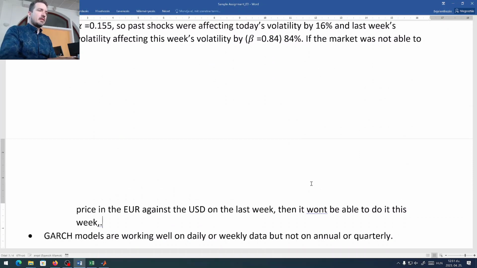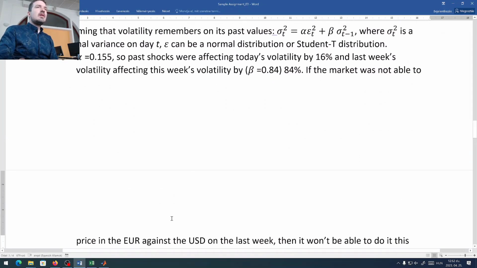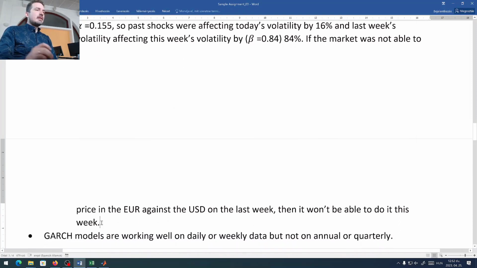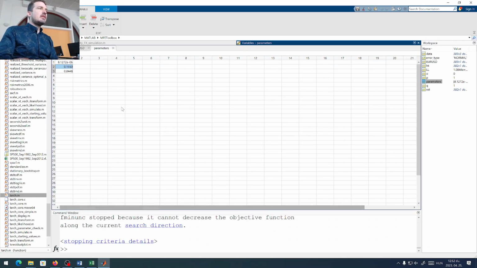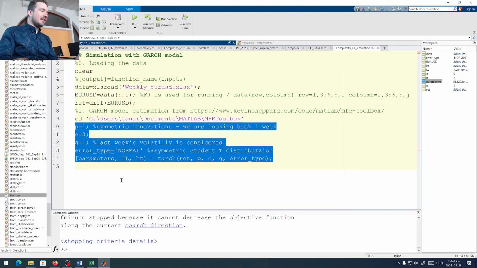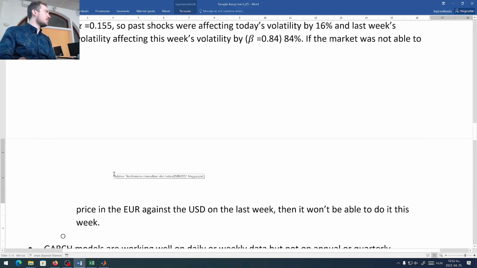So we can see that it's a nice approach, but also that we can fit only the normal distribution, because the other one was failing miserably.